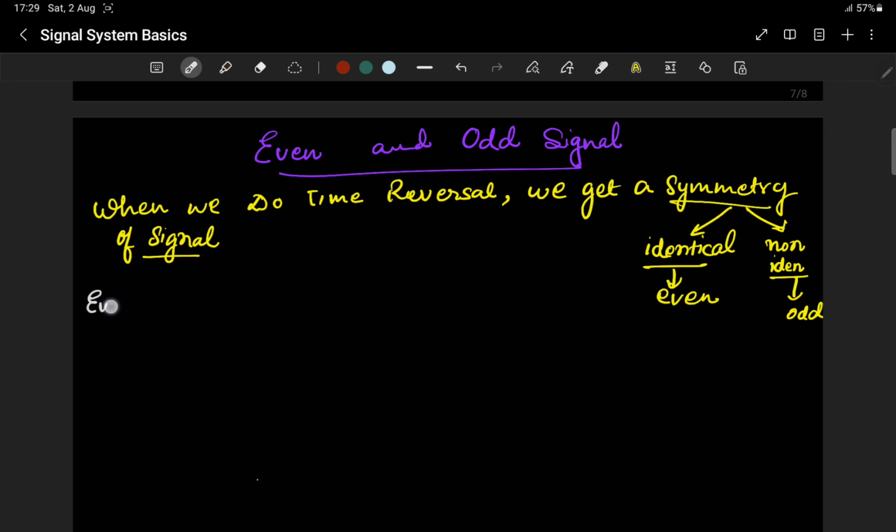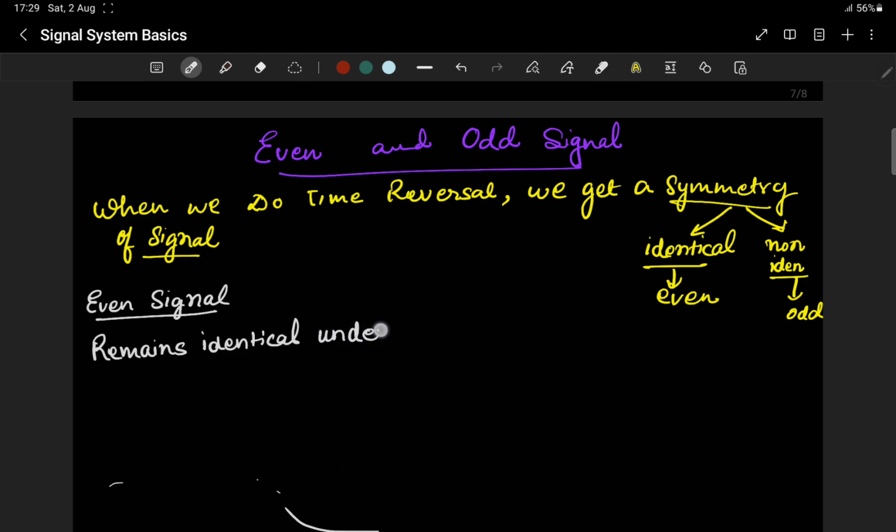What do you understand by an even signal? If you remember, I have already told you that an even signal depends on the folding or reflection of the signal, and it does not change. Basically, the signal remains identical under the folding operation, which means time reversal or reflection.